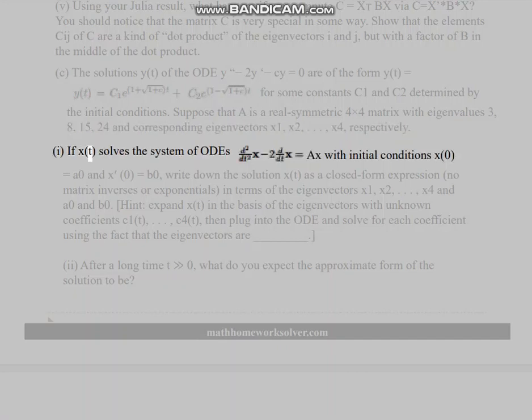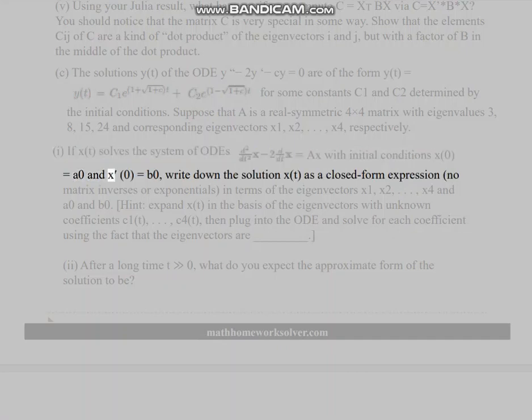If x(t) solves the system of ODEs with initial conditions x(0) = a0 and x'(0) = b0, write down the solution x(t) as a closed-form expression, no matrix inverses or exponentials, in terms of the eigenvectors x1 to x4 and a0 and b0.